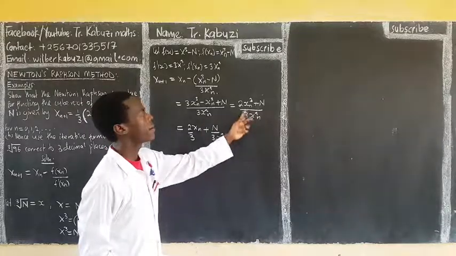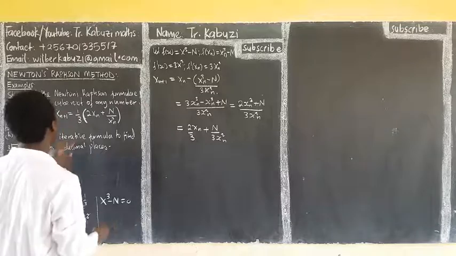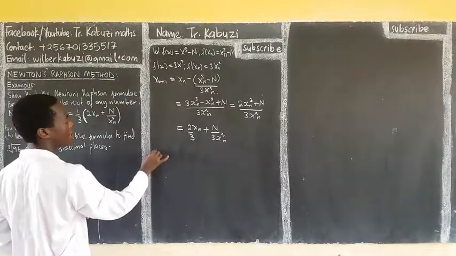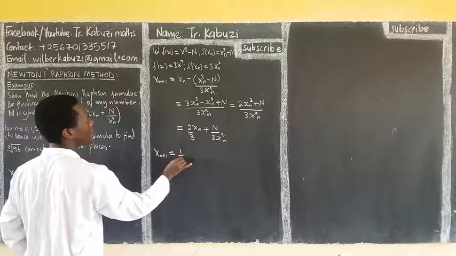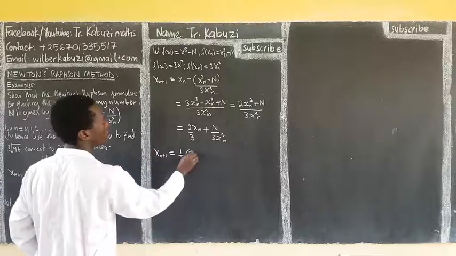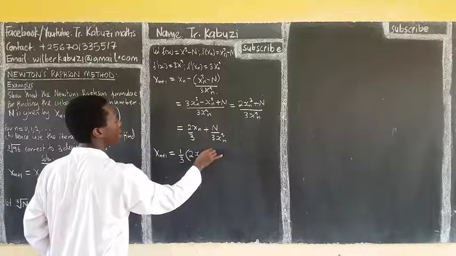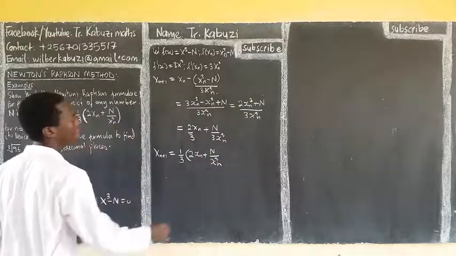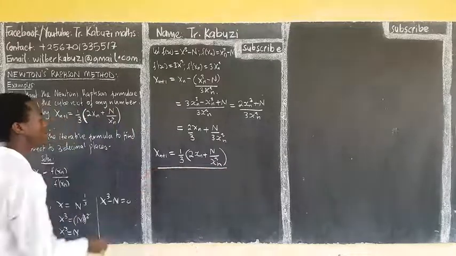Remember, this is the LCM for both. That's why I'm dividing like that. Now factorizing out this side, my xn plus 1 will be a third into 2xn plus n over xn squared. And I think you see that is the one that we wanted to show.